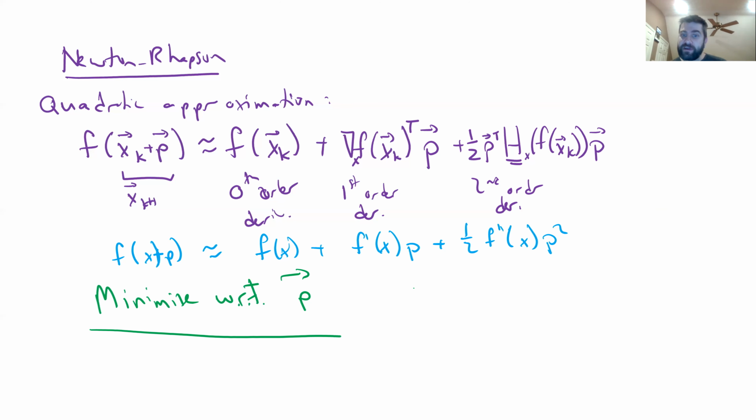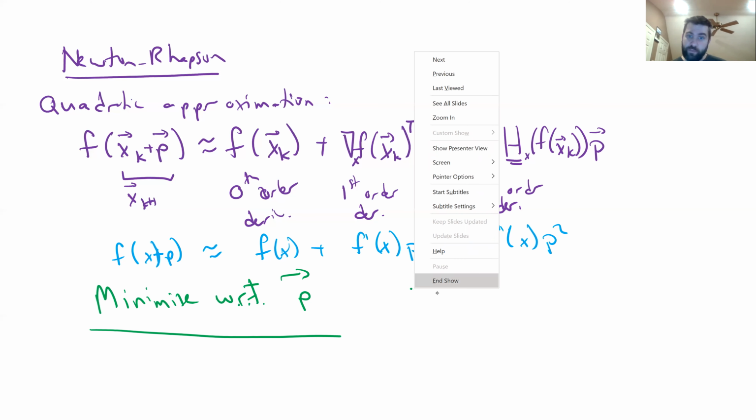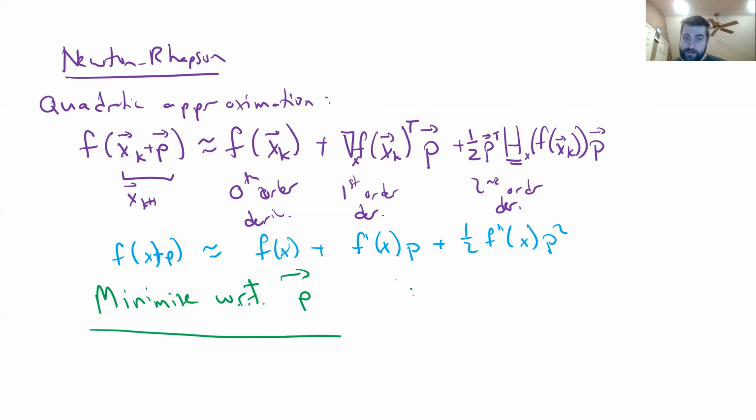You can take the gradient with respect to p, the set of all partial derivatives with respect to p, and set that equal to 0.